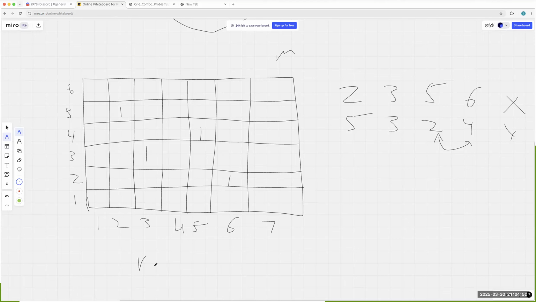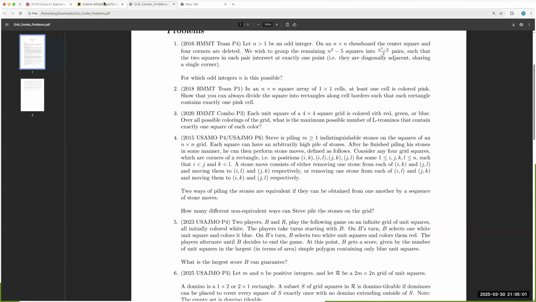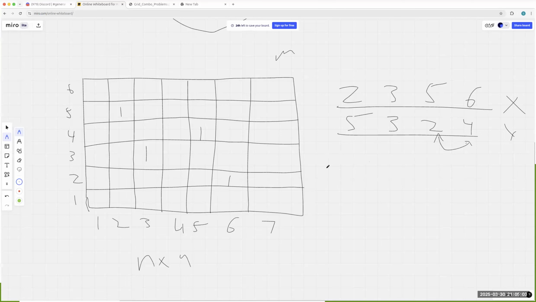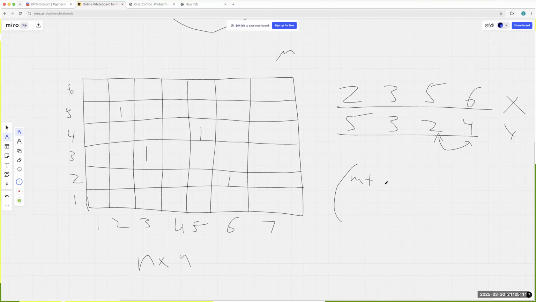So it's an n by n grid. So we want to choose the x coordinates and the y coordinates, right? And so ideally, the answer using stars and bars would be n plus n minus 1, choose n minus 1.